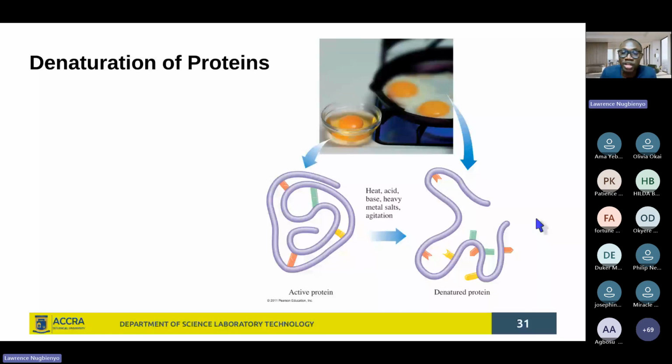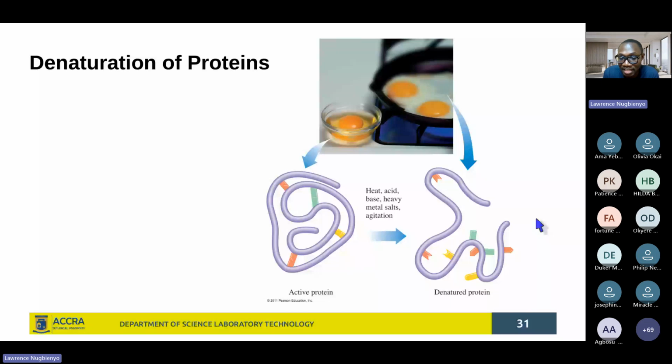If that structure is broken down, the molecule will become dysfunctional. Now, that structure can be broken down when hydrogen bonds between the tertiary structures, the secondary structures are broken down. When the salt bridges are broken, when the disulfide bonds are broken, when the hydrophobic interactions are broken.